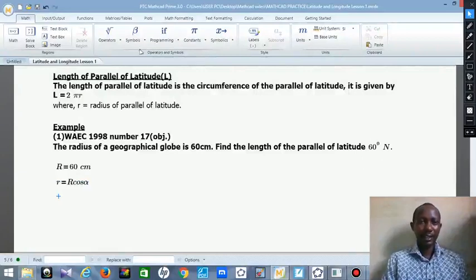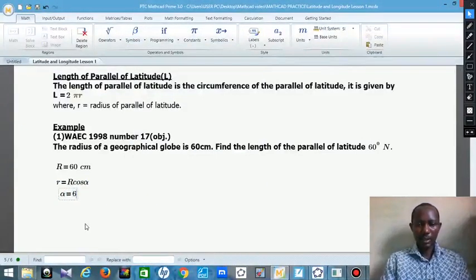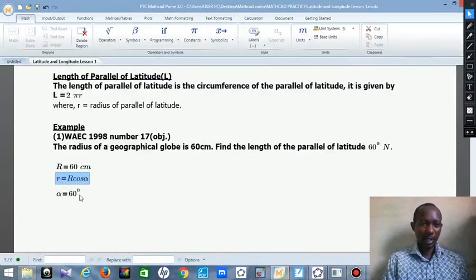Then alpha in this case is equal to 60 degrees. So by the time you bring out your data like this, you will have no problem while solving such a question. Okay, so you can see the three important information: capital R, small r, and alpha.